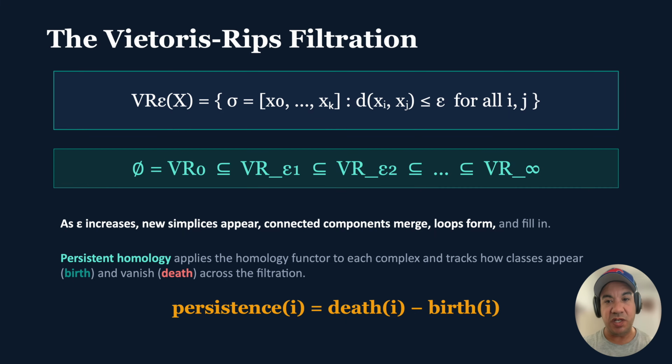Applying homology to each complex and tracking how features appear and disappear is precisely persistent homology. Each feature has a birth time and a death time. The persistence is the lifetime. So the persistence of feature i equals the death time minus the birth time.